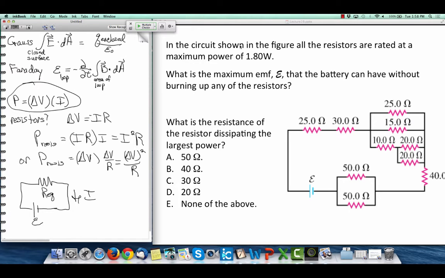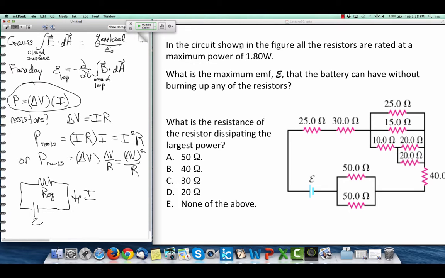Any questions about that one? Yeah. So for the equation where it's P resistor is equal to I squared R or delta V squared over R, would you use R as R equivalent or R as the 40 ohm resistor? Well, the power equation there is for any circuit element that you choose.